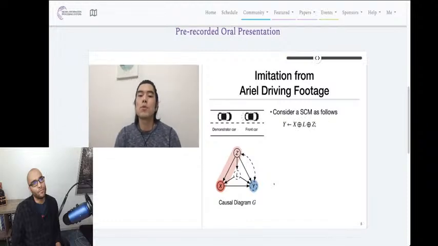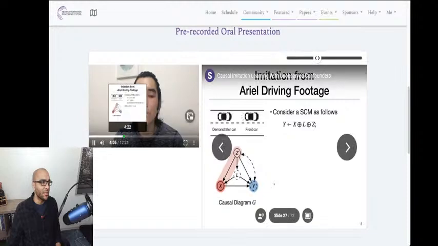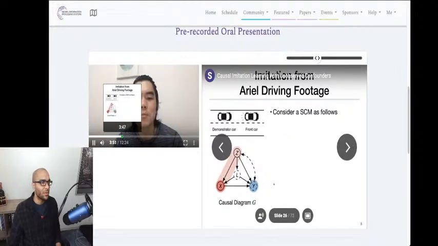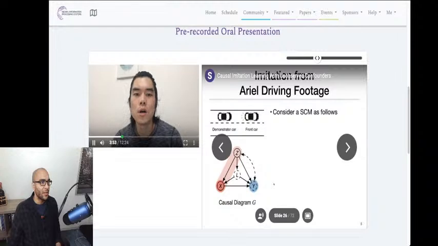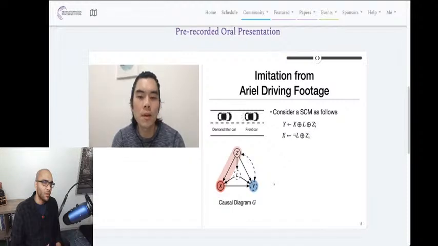The reward Y is given by X exclusive or L exclusive or Z. X is given by not L exclusive or Z. And values of Z and L are drawn over a binary domain, 0 and 1.